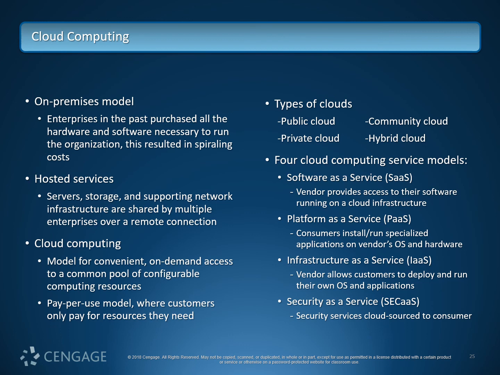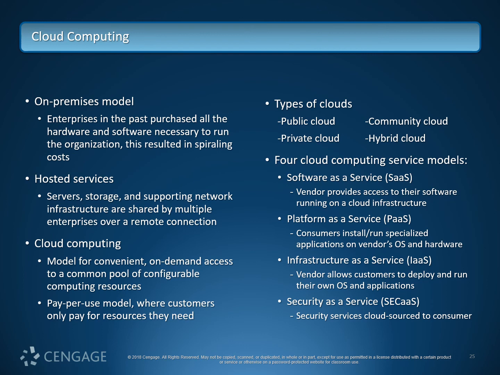From the service model standpoint, we have to look at these primary four models. Software as a service, which is where something like Photoshop, you log in and you can gain access to software running on cloud infrastructure. So this allows you to run things like Photoshop on very lightweight interfaces because you're actually accessing hardware that's running off-site.